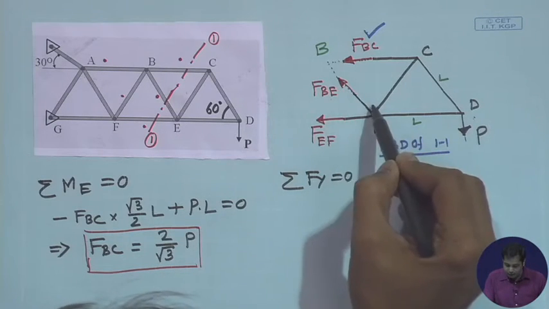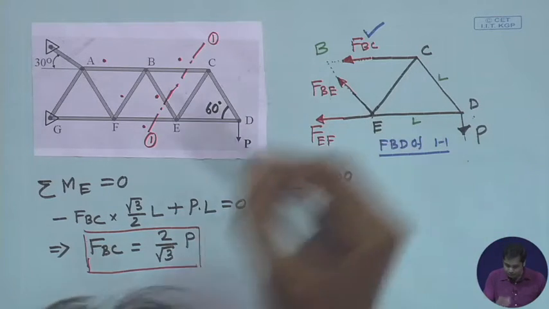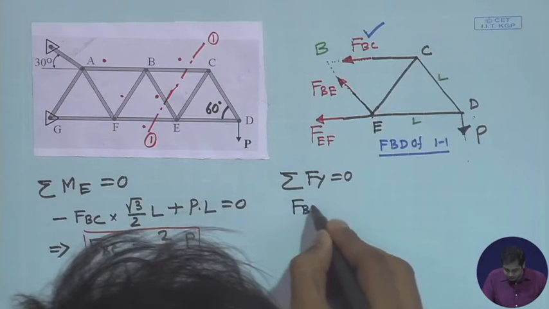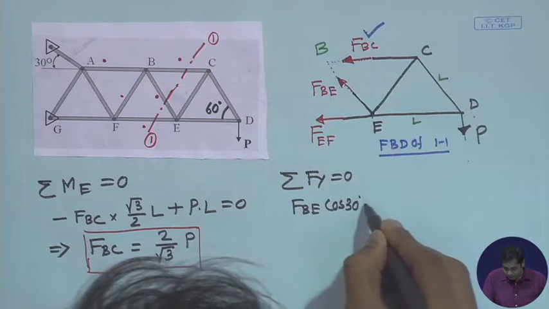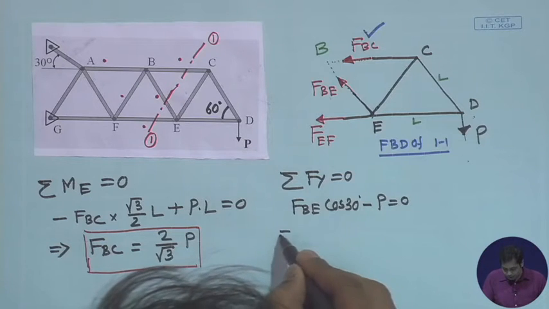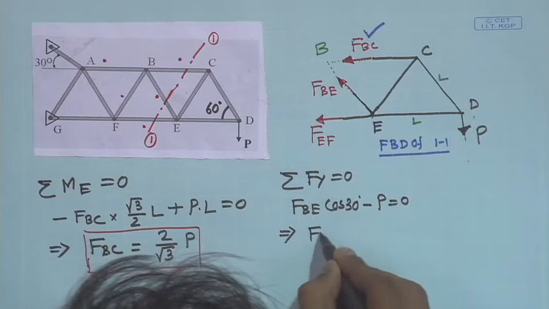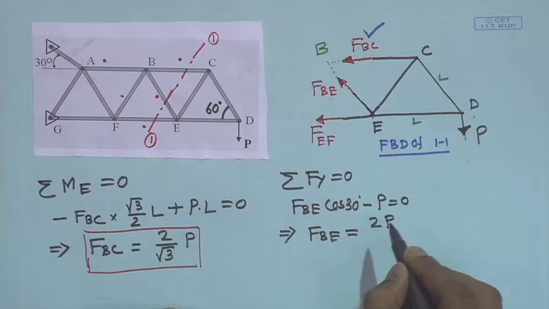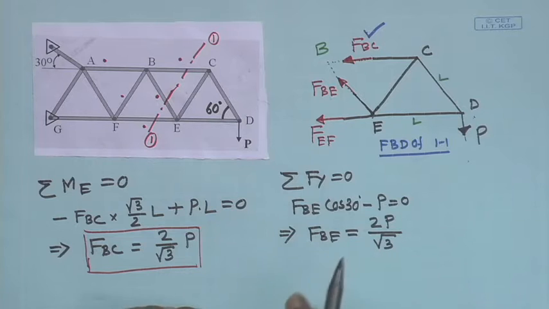The vertical component of BE is in the upward direction and P is in the downward direction, so one will be positive and the other negative. The vertical component of BE will be F_BE cos 30 degrees, minus P in the downward direction, equal to 0. This gives F_BE equal to 2P by root 3.